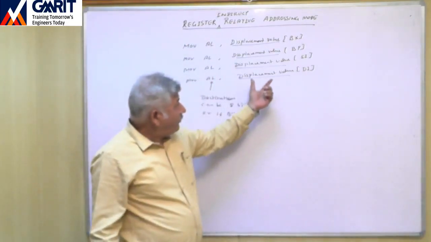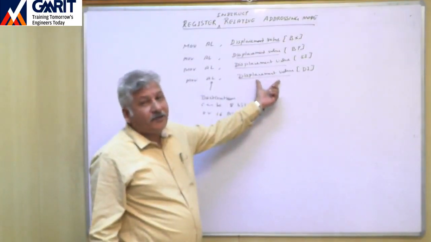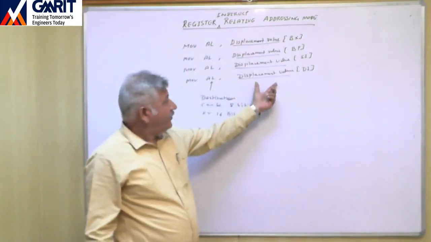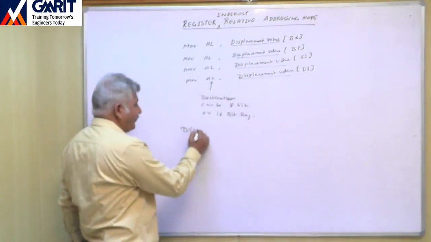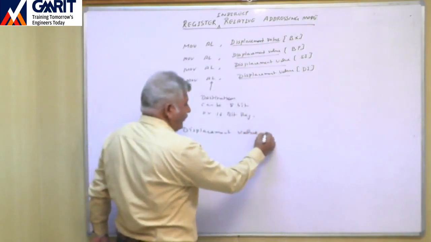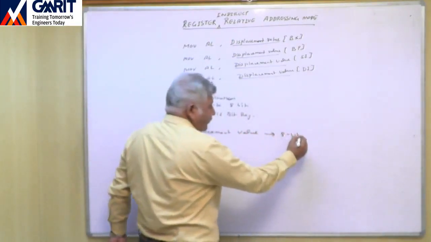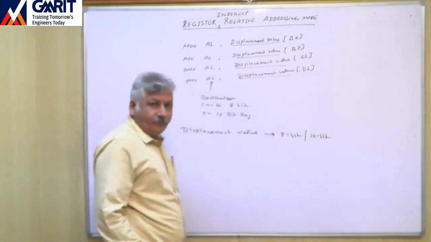Now here the only thing we have done is include a displacement value, which is a relative value, right? Now this displacement value again can be 8-bit or 16-bit.